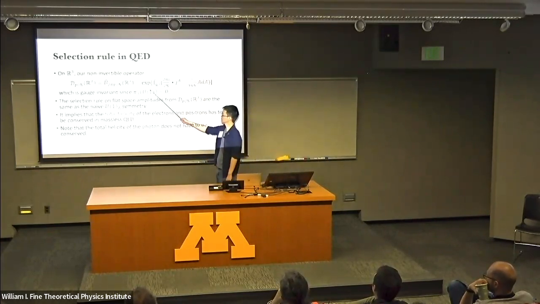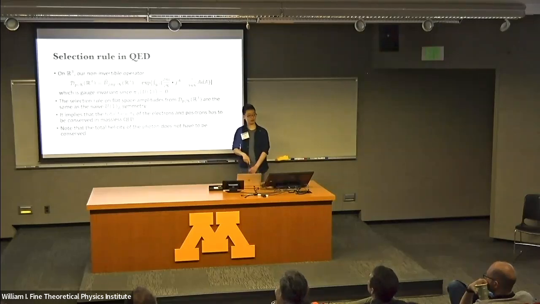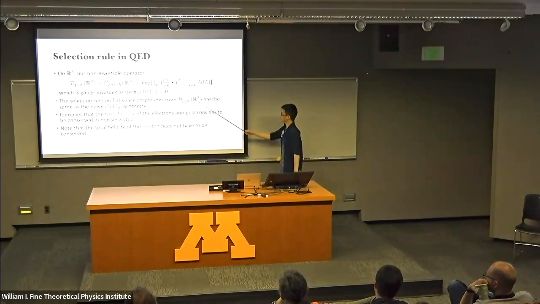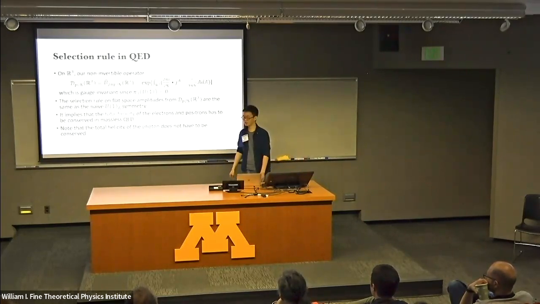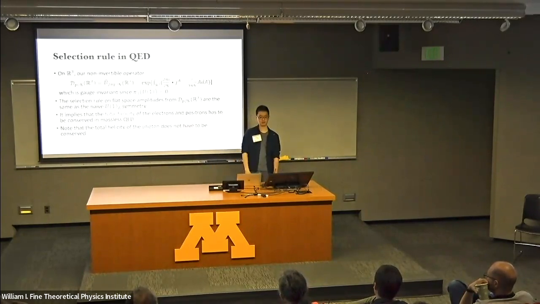On R^3, as noted earlier, this operator reduces to the naive U hat operator because there's no large gauge transformation on R^3 for U(1). That's the statement that there's no instanton in flat space for U(1). And as Alexei was saying, rational numbers are almost as good as U(1). So the selection rules that these non-invertible symmetries lead to are basically just the naive selection rules of the U(1) axial symmetry.